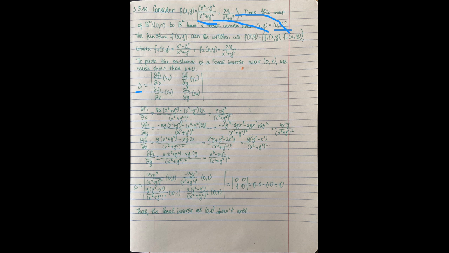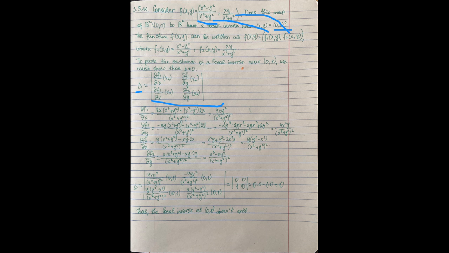By delta, we mean the discriminant of the matrix of partial derivatives of the functions f1 and f2. This is just the formula for delta, and I need to show that the discriminant at this point x0, y0 is not equal to 0.